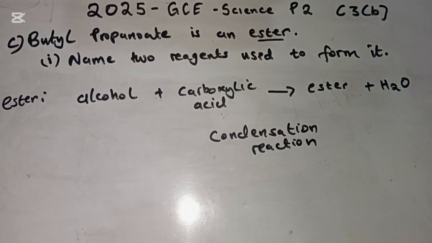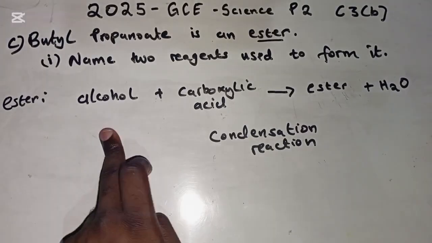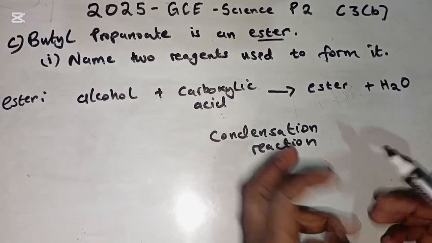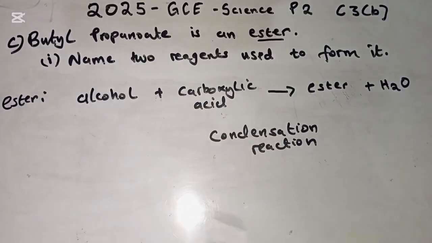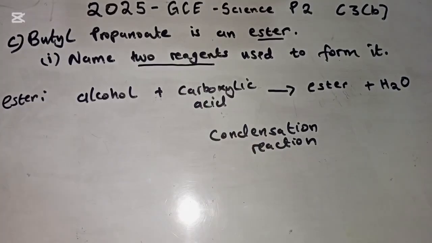This compound, butyl propanoate, is an ester. It was formed by a reaction between an organic alcohol plus a carboxylic acid, and this is what gave us this ester. So they want us to find the two reagents, and this is very easy.